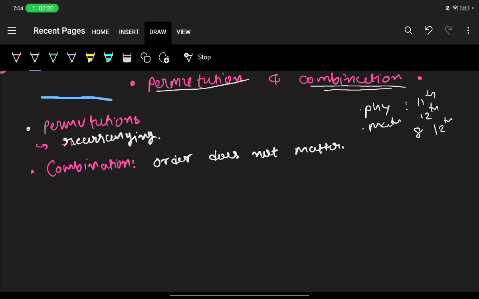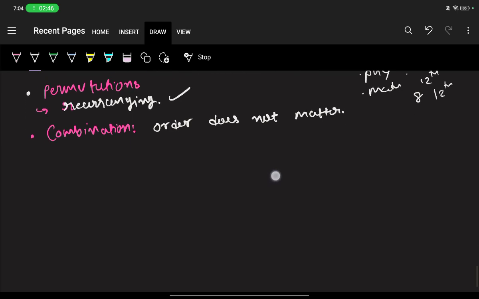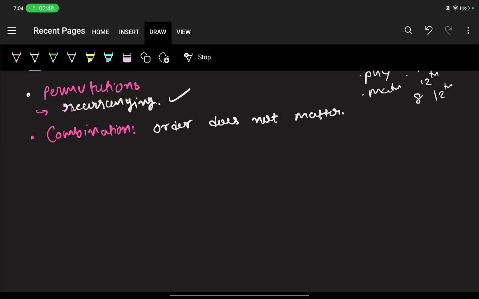Permutation is all about rearranging, and in combination, order does not matter, in which order you are arranging the terms. You'll understand that when we discuss the questions. So first, let's go through the basics and the theory, since it's the revision session, or you can say crash course.